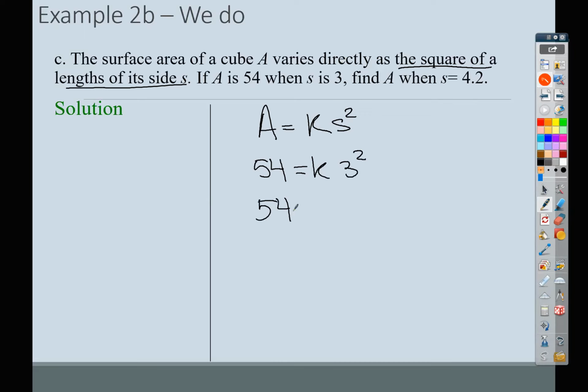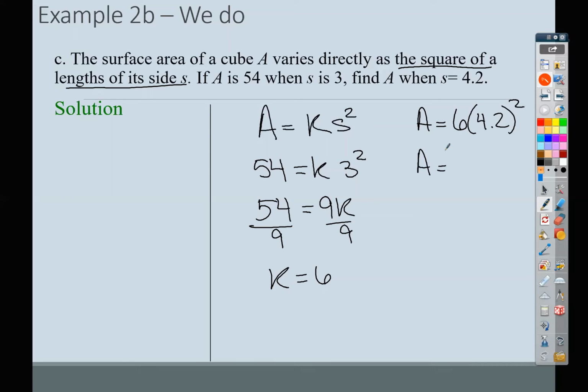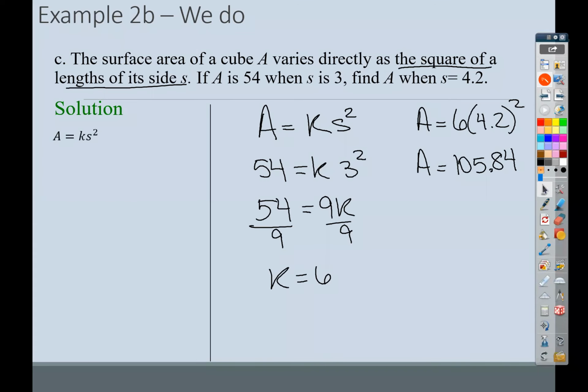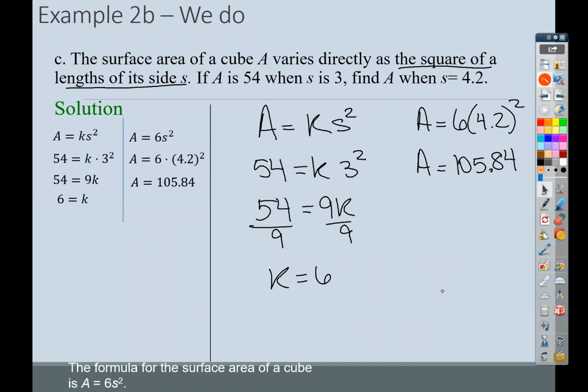So 54 equals 9 times k. Divide both sides by 9, and you get k equals 6. Now find A when S is 4.2. So A equals k s squared, and when you do that, you get 105.84. So you can see how I did all that, and this side does it step by step for you also.